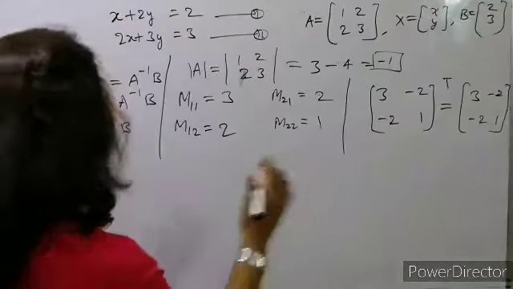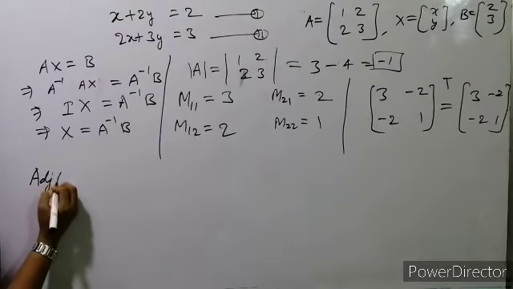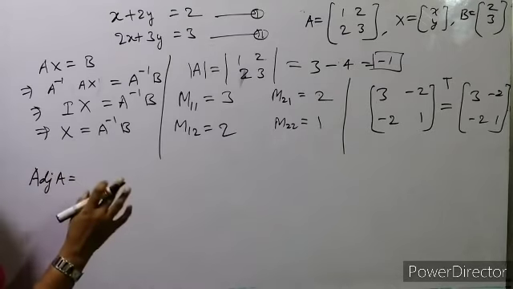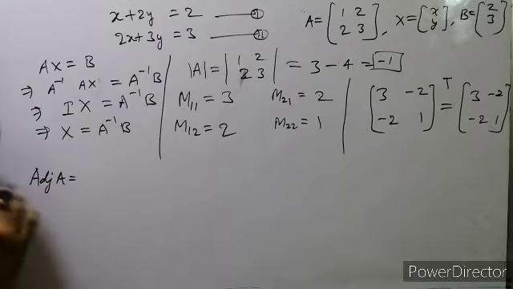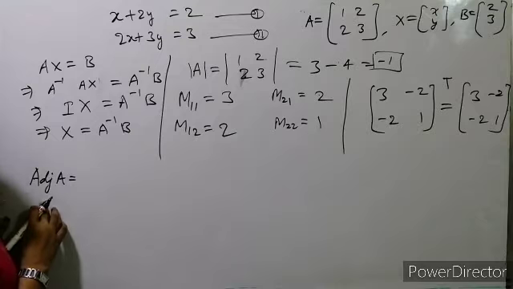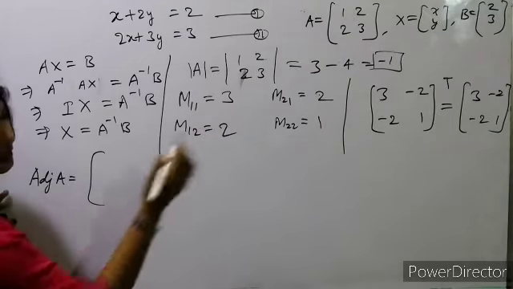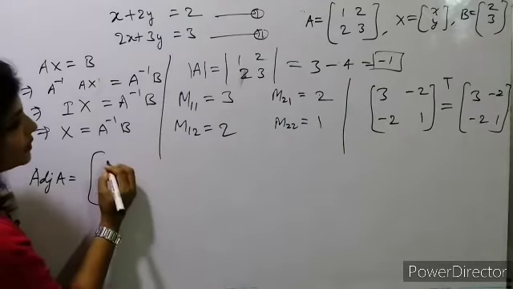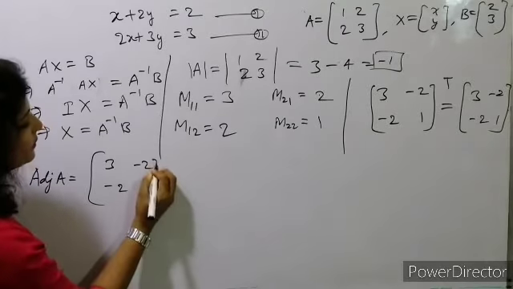As we all know, the adjoint of the matrix A will be the transpose of the cofactor matrix. So here the adjoint is 3, minus 2, minus 2 and 1.